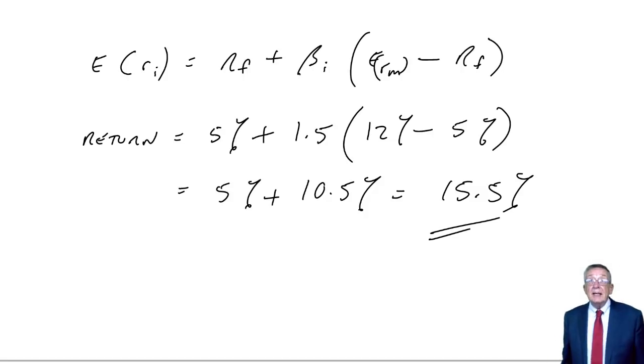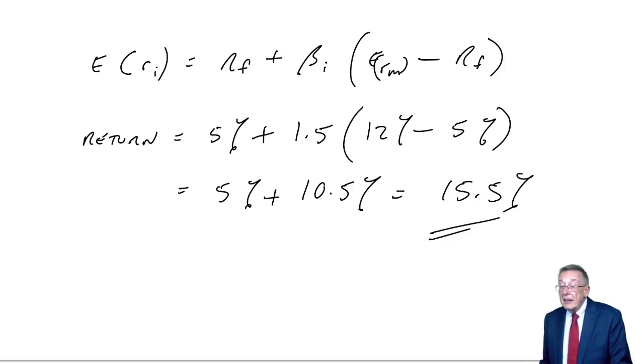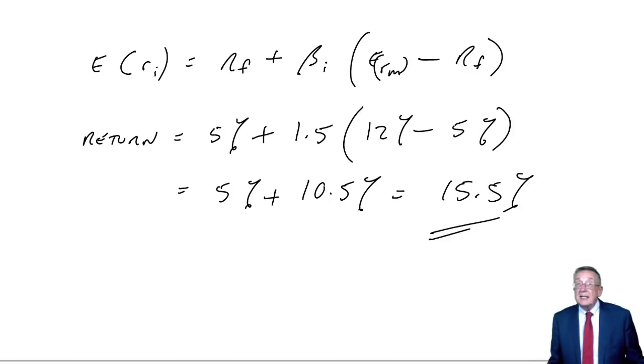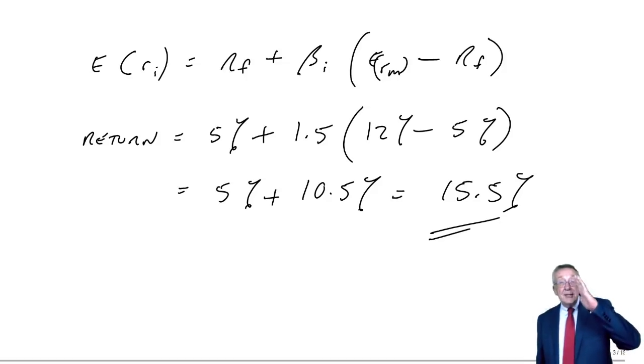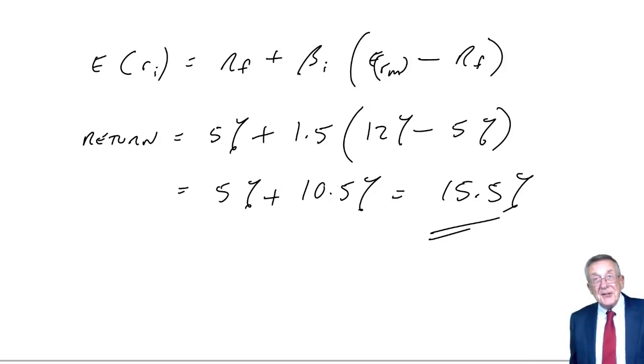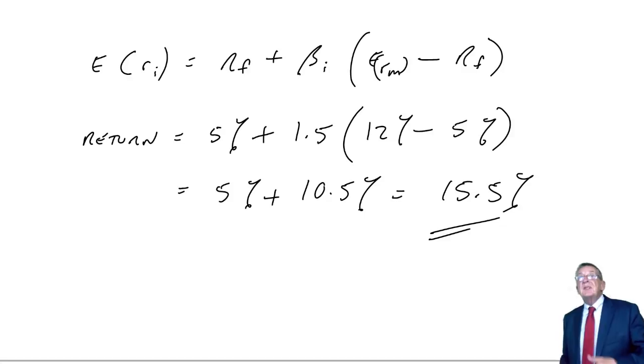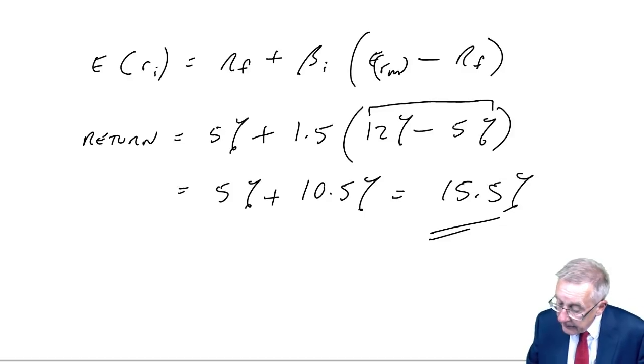This is the other way, in fact the more common way in the exam, of calculating the cost of equity. But it really is as simple as that. It's the risk-free always plus beta times whatever premium the market's giving. This, incidentally, 12 minus 5 is the market premium.